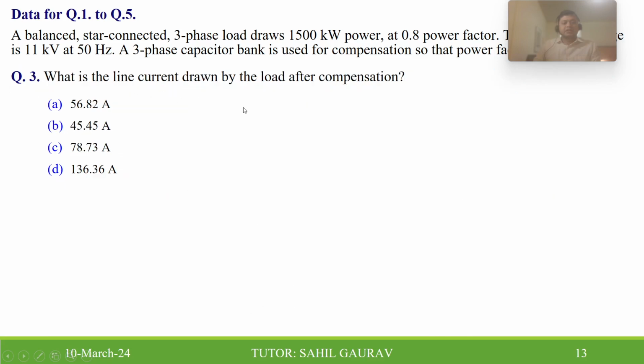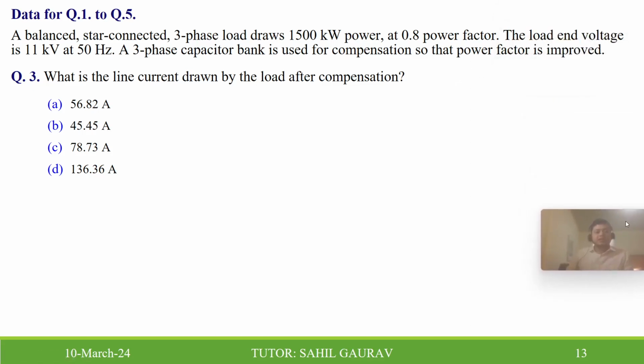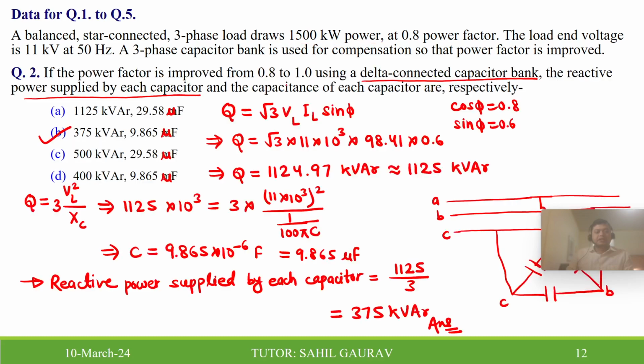What is the line current drawn by the load after compensation? Here it is given that the load draws 1500 kilowatt power, and it is telling that in the previous question the power factor is improved to unity power factor.